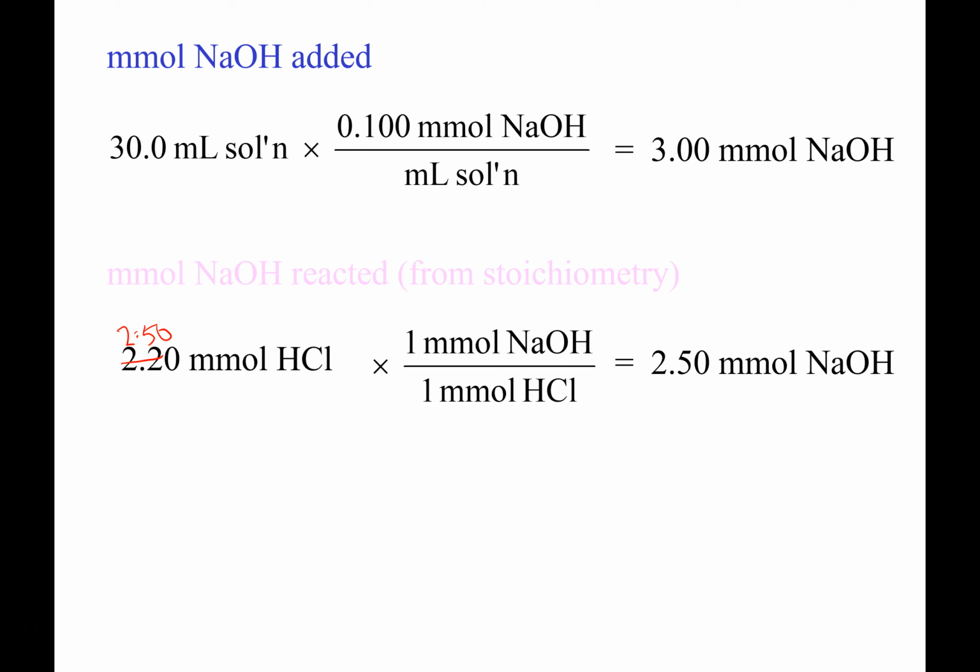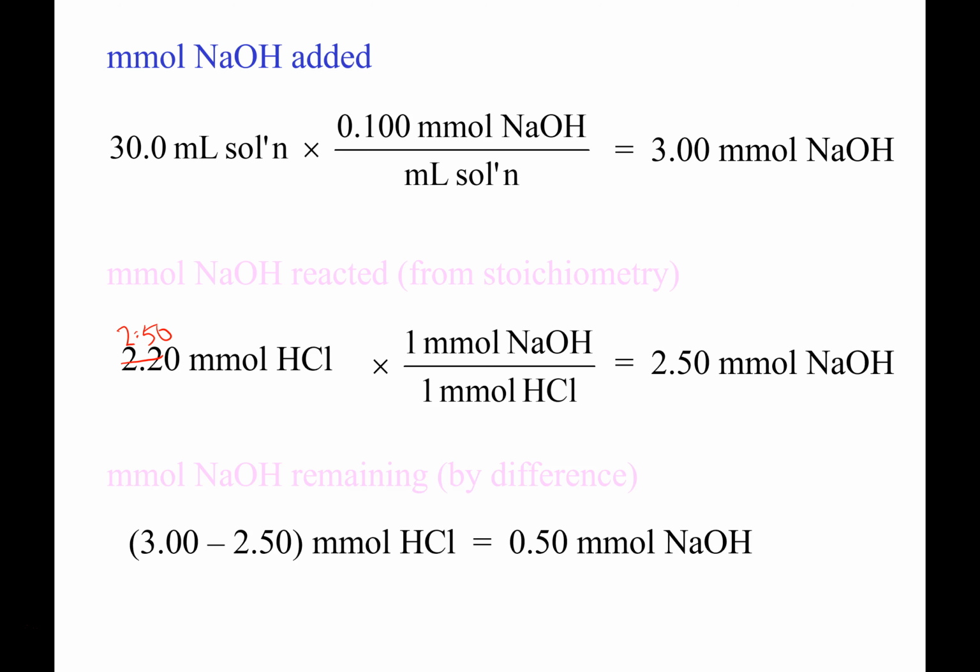With easy stoichiometry, it sometimes gets hard to think through, I think. Okay. So then the 2.50 is what's going to be used, and the 3.00 is what I have available. So by difference, 3.00 minus 2.50, that would give my, goodness, I just copied and pasted.